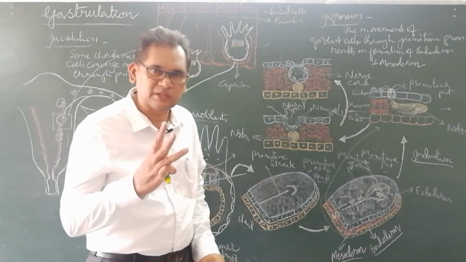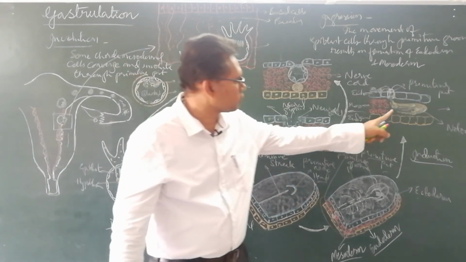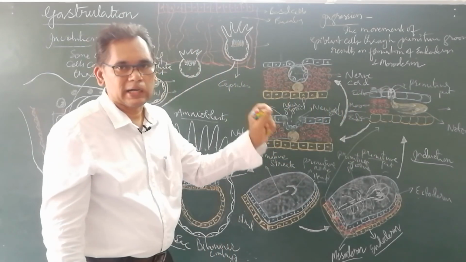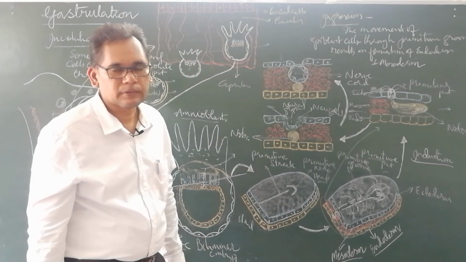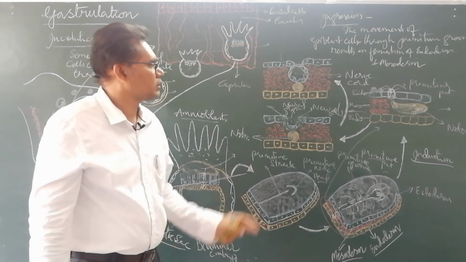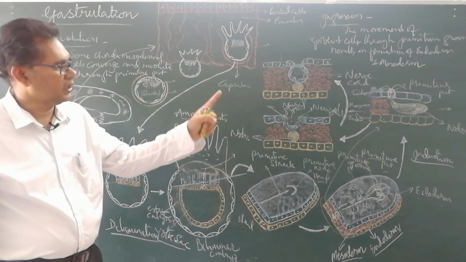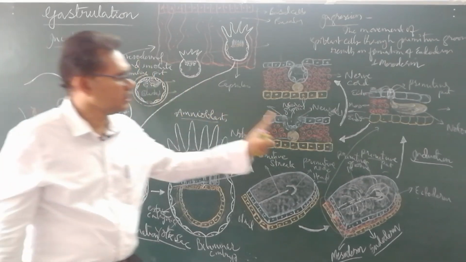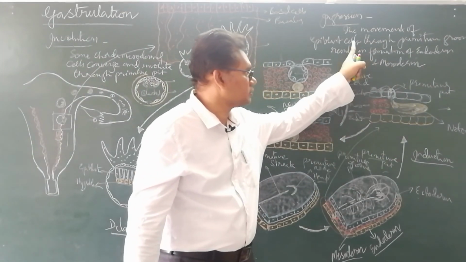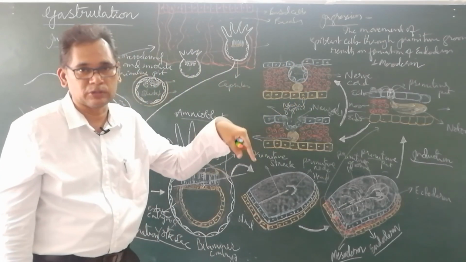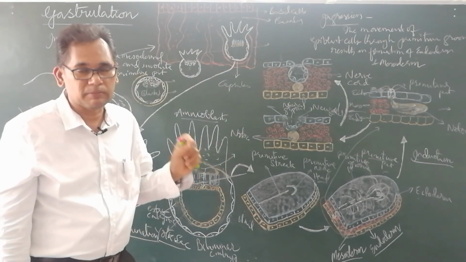This is how the three germ layers along with the notochord and nerve cord are formed. Ingression, involution, induction. Ingression: movement of epiblast cells through the primitive groove to form endoderm and mesoderm.